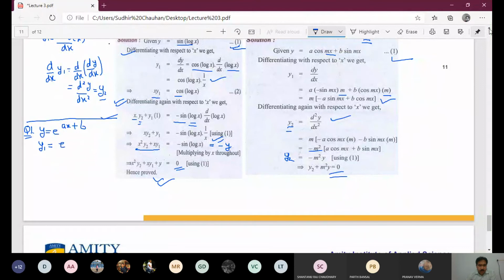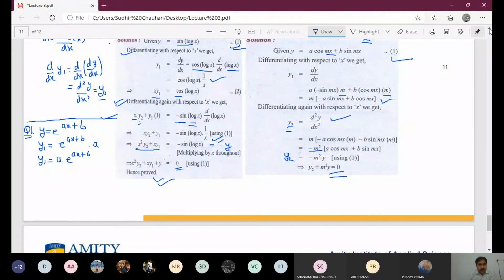The differential of e raised to power ax plus b is e raised to power ax plus b into the differential coefficient of ax plus b, and that will be equal to a, right? So it is better to write a before e, so it will be a into e raised to power ax plus b. Now it is looking better.